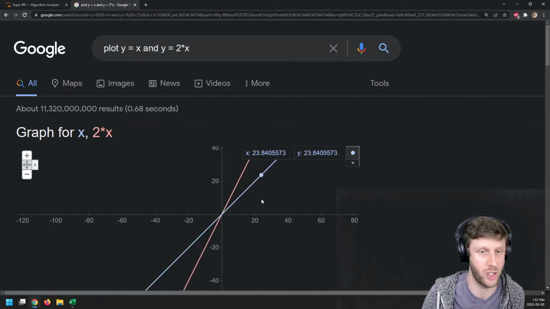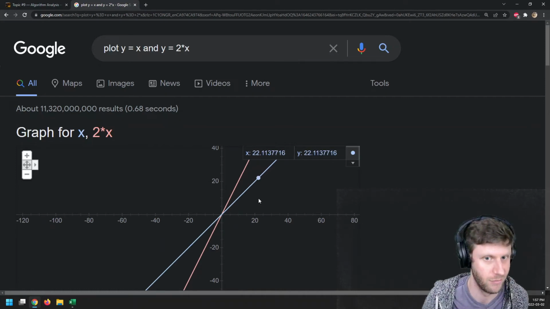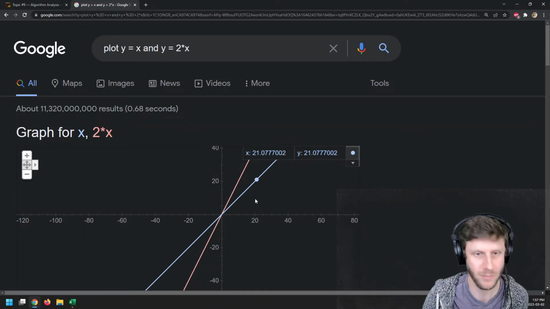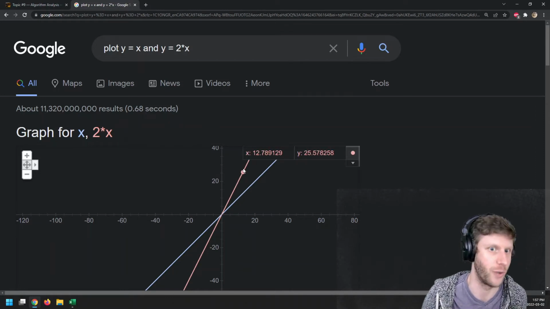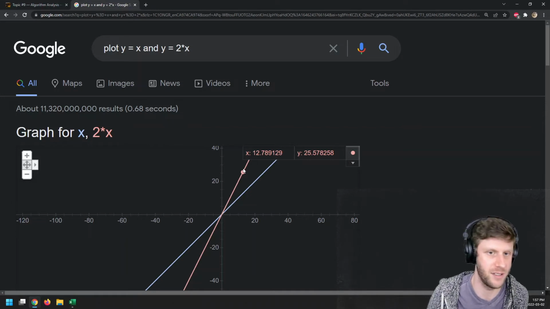This function's shape is a straight line. This function, the red one, its shape is a straight line. The only difference is its slope. So the coefficient scales it. It's a scalar.